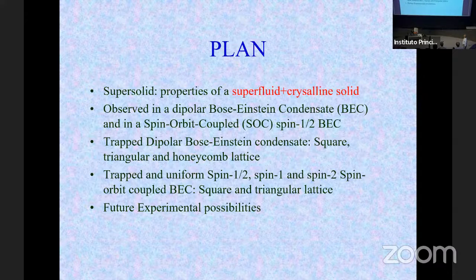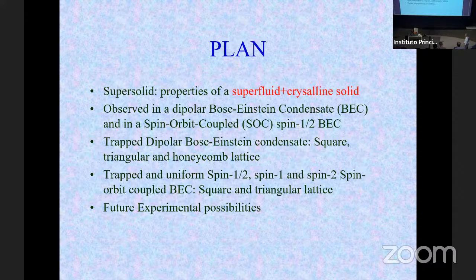So in trapped dipolar Bose-Einstein condensate, it is possible to have square, triangular, and honeycomb lattice and other symmetries also. But experimentally, the preliminary pictures, they showed mostly the triangular or hexagonal symmetry.